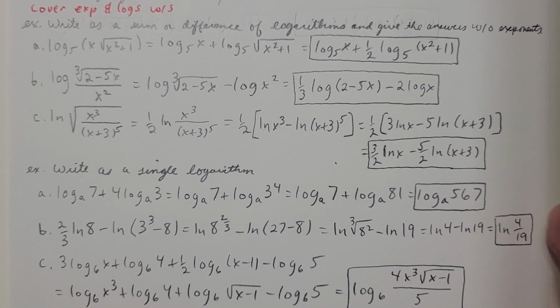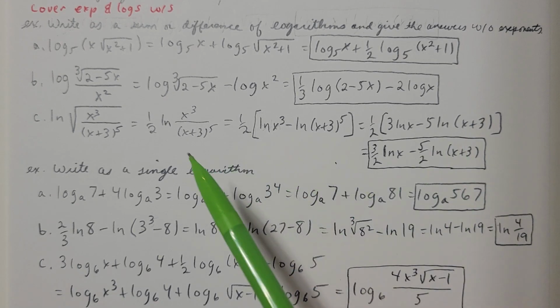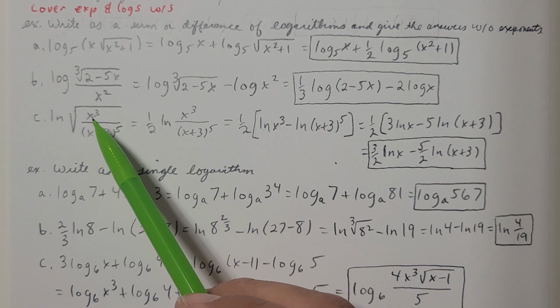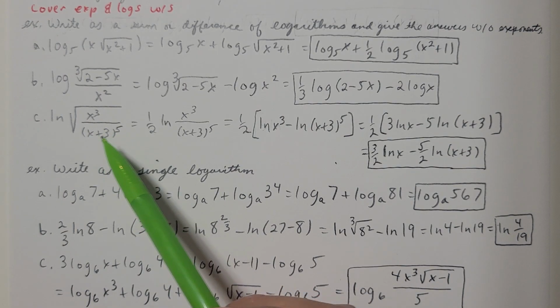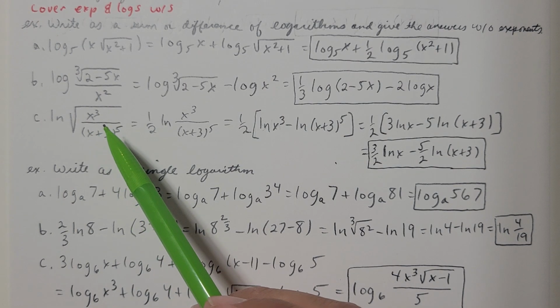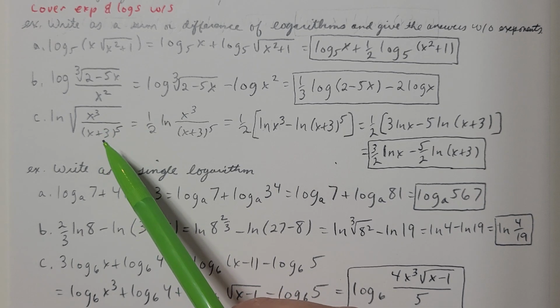Part C, we got the ln of the square root of x cubed divided by x plus 3 to the 5th. The ln notation means that I've got log base e. To begin this, the way to think of what's inside this logarithm is I got the square root of x cubed divided by x plus 3 to the 5th.